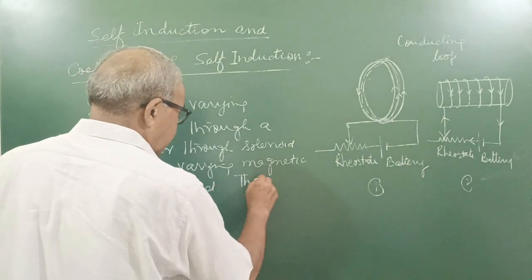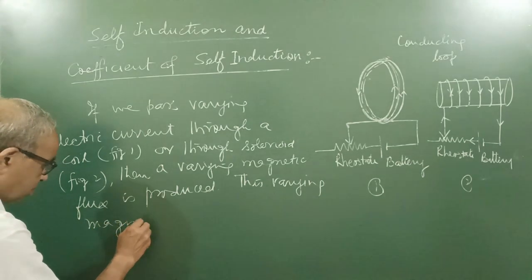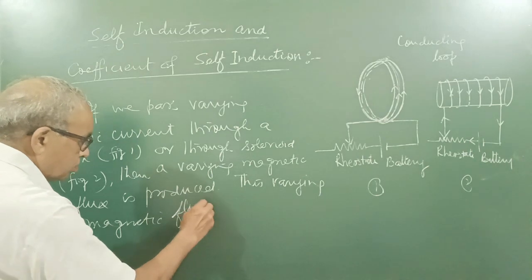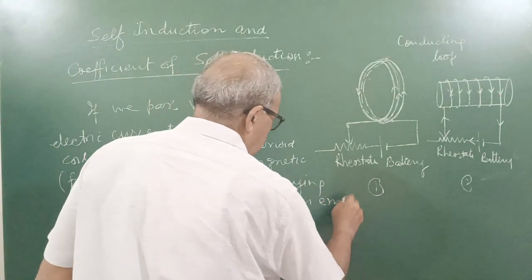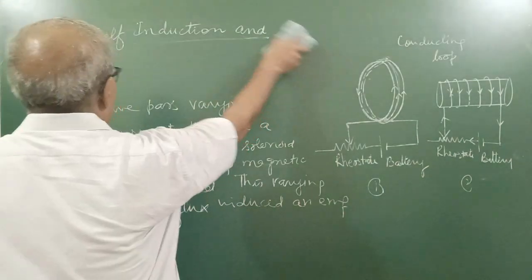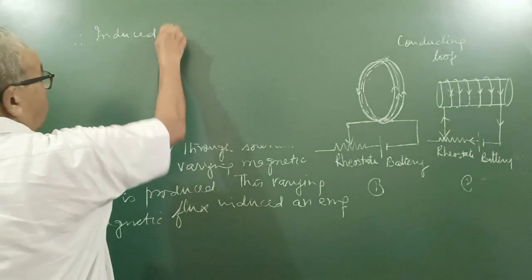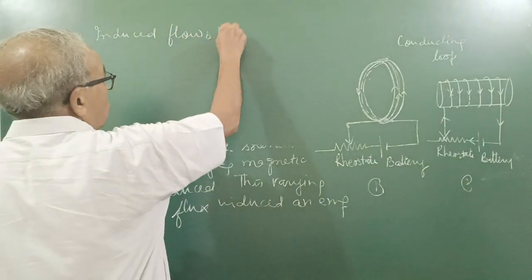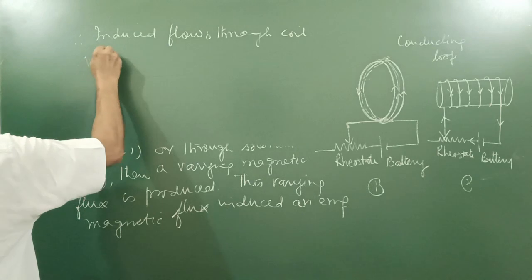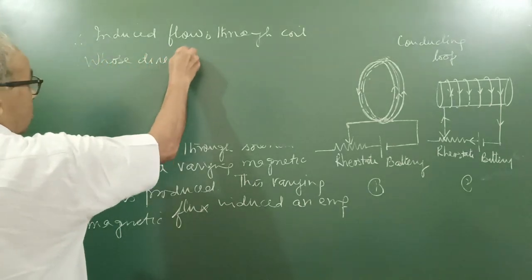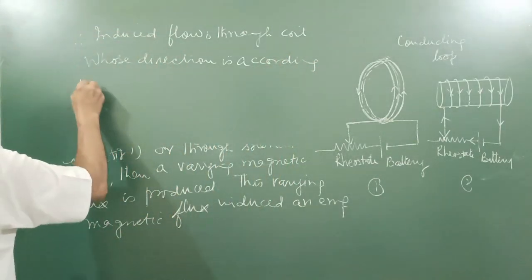This varying magnetic flux induces an EMF, and hence an induced current flows through the coil, whose direction is according to Lenz's law.